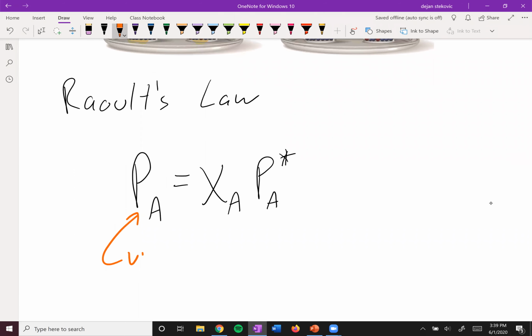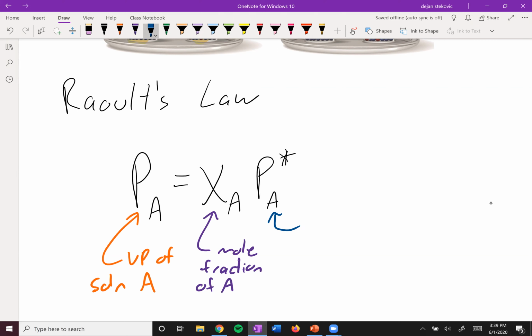So this is the vapor pressure of solution A. This is the mole fraction of A. And then this is the pressure of pure A.